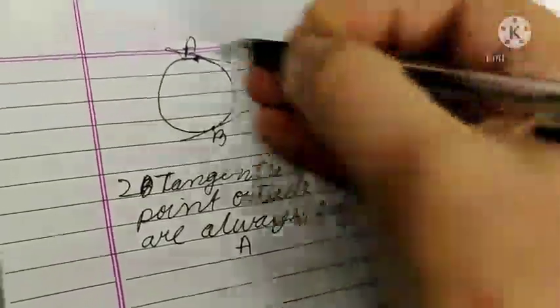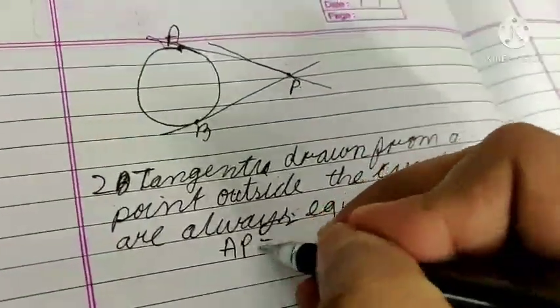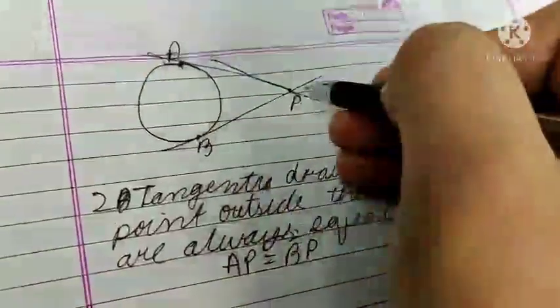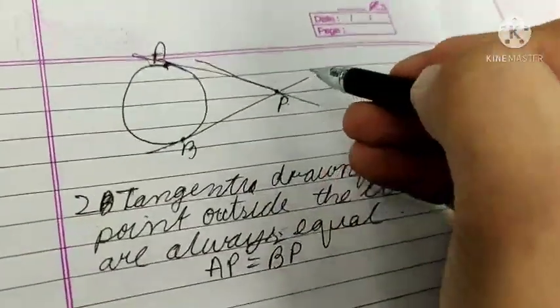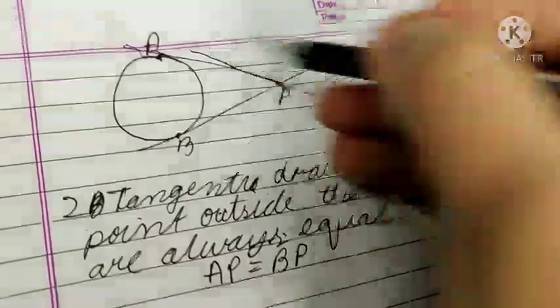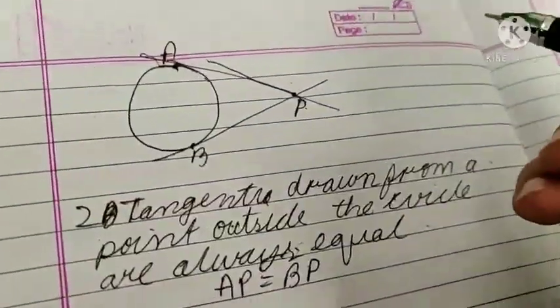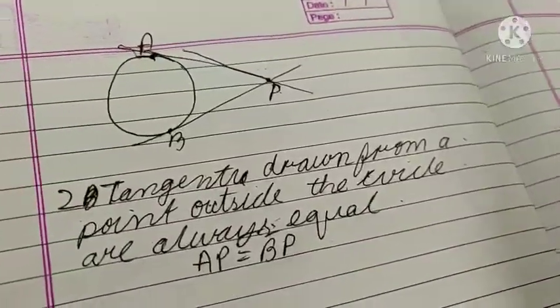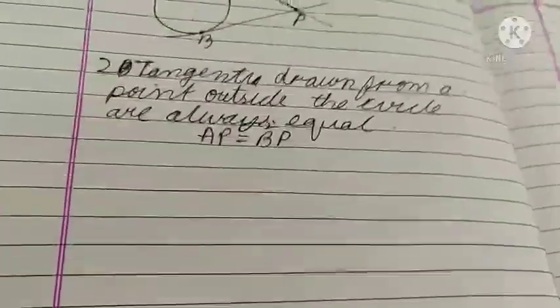Means here AP will be equal to BP. Okay, here the length of AP will be equal to the length of BP, as these are the two tangents drawn from a point outside the circle to the circle. Okay, that touches the circle at only one point. This is the tangent. Okay, our next point here is segment.